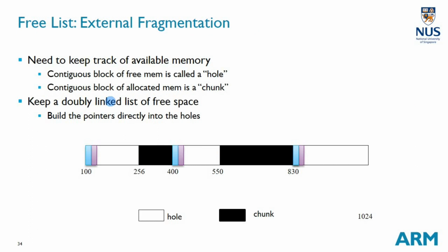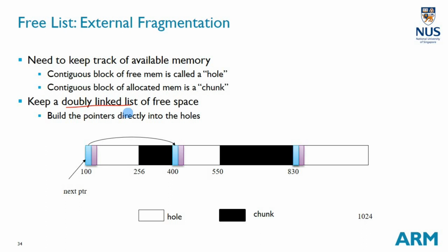Now let's look at this example where I need to keep track of available memory. What I can do is keep a doubly linked list of free space, to know exactly where the next available free space is, going forward or going backwards. I can build the pointers directly into the holes, because these are the currently available free spaces. For example, at address location 100, I can have a pointer that points to the next location, 400.